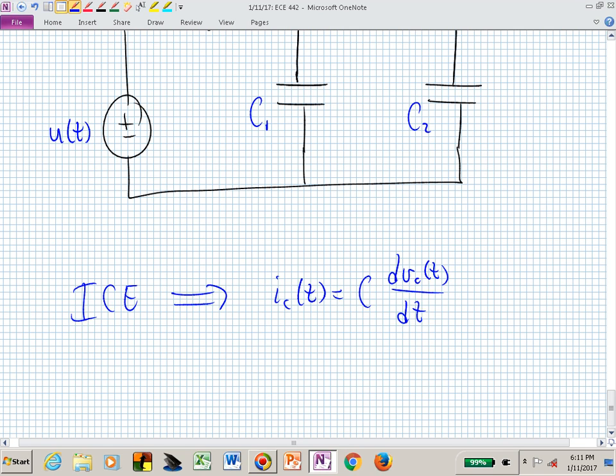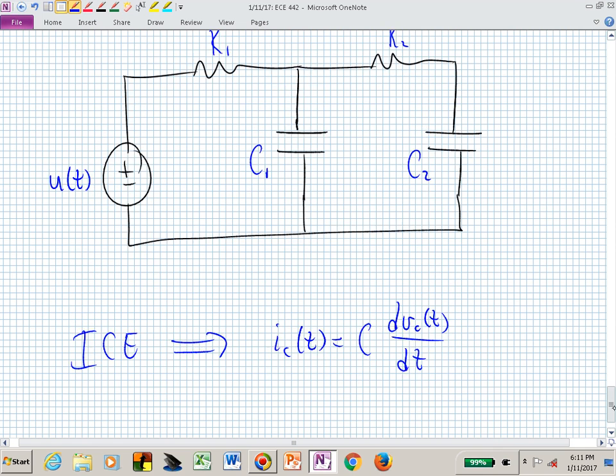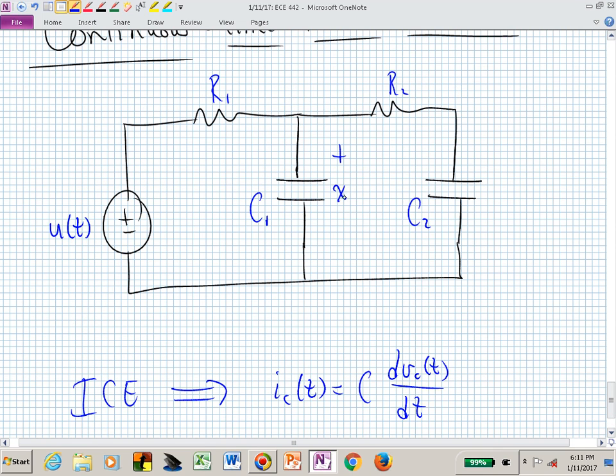With that, let's call this x1 of t. And the variable associated with capacitor 2, let's call that x sub 2 of t. And let's try to write our equations in terms of x1, x2, and their derivatives.